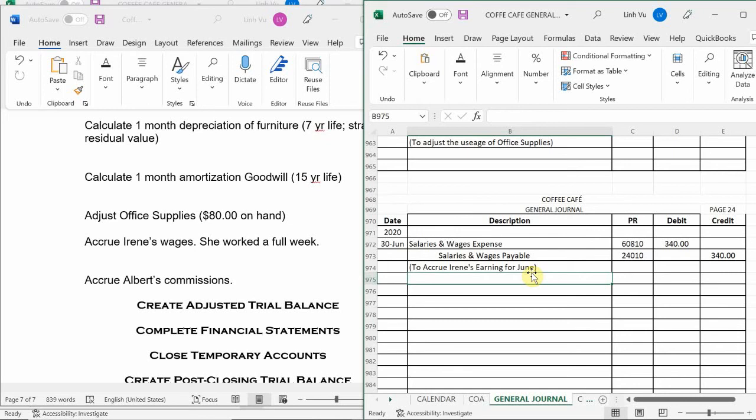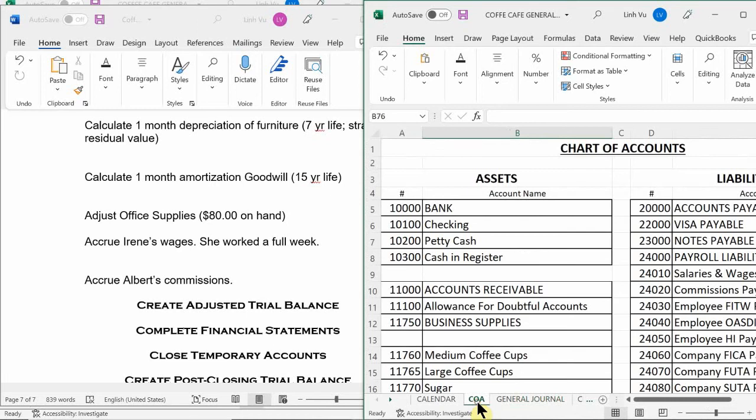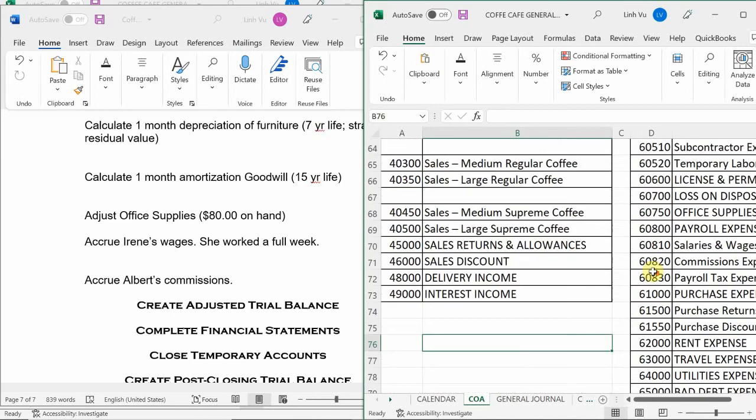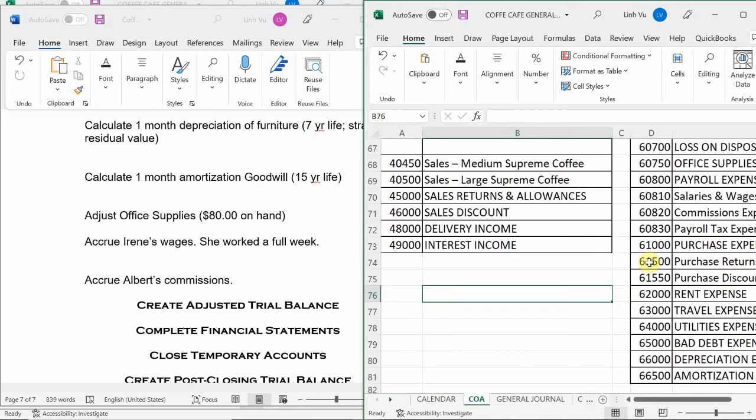I have to do the same thing to accrue the earnings that Albert has earned for the month of June. So in this case, what accounts will I be needing to use? Commissions expense and commissions payable, right? Commissions payable is account number 2420.